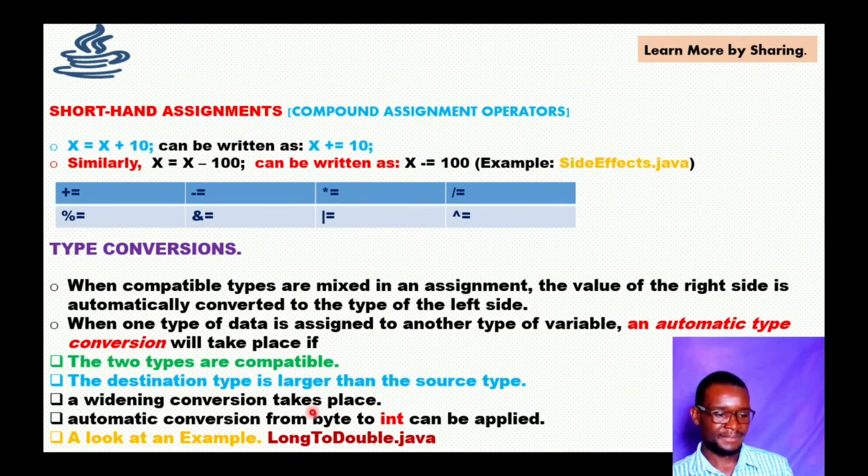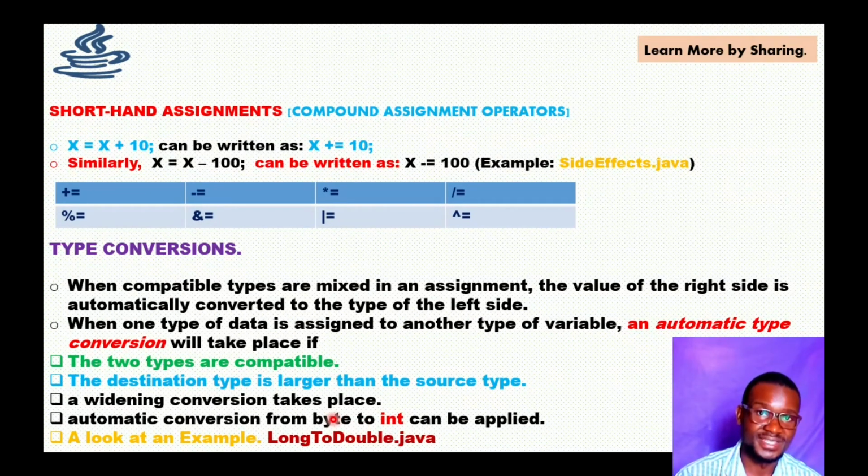We'll understand this by looking at an example. Automatic conversion from byte to int can be applied in that case, because the destination type int is larger than the source type, which is the byte type.